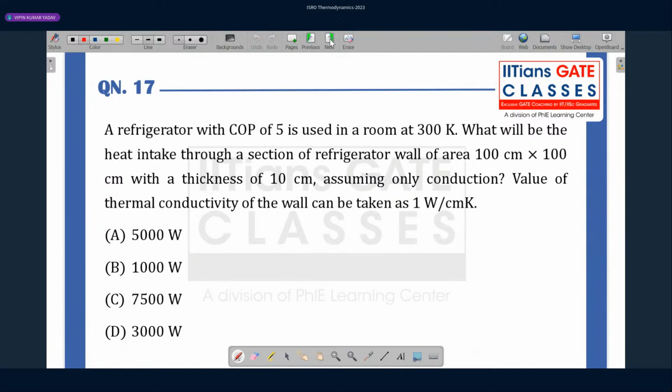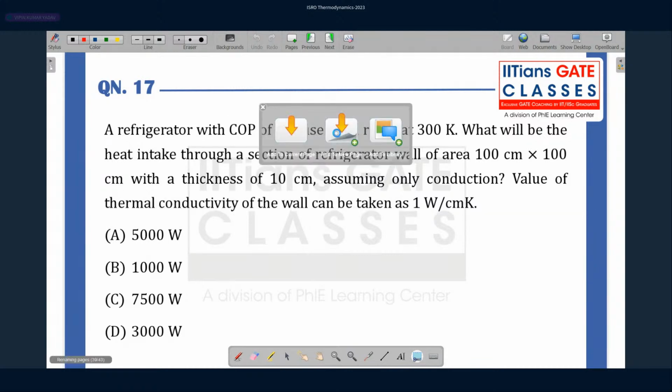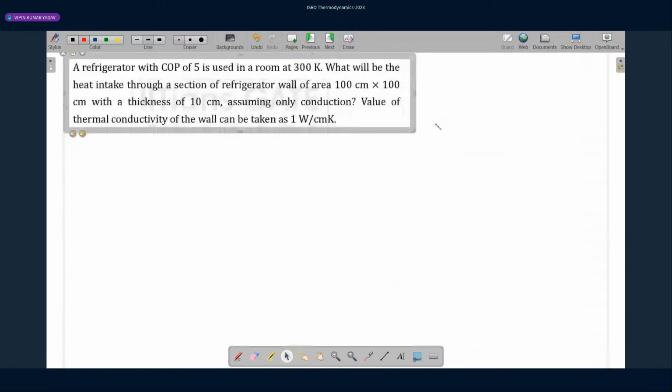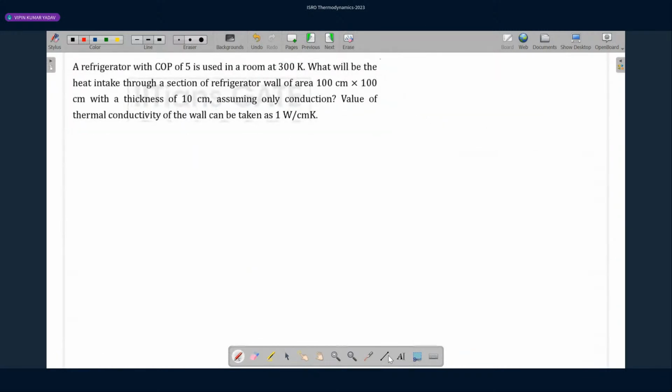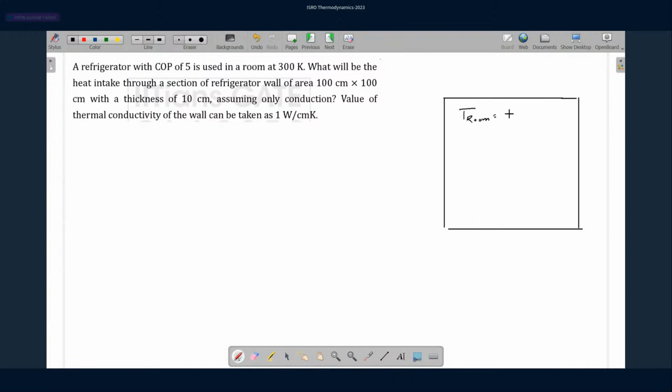Okay. So basically, we have a refrigerator with COP of 5 used in a room at 300 Kelvin. What will be the heat intake? Okay. So basically, you see, what they are trying to tell you is that you have a room, and the temperature inside the room, T of room, is equal to 300 Kelvin.